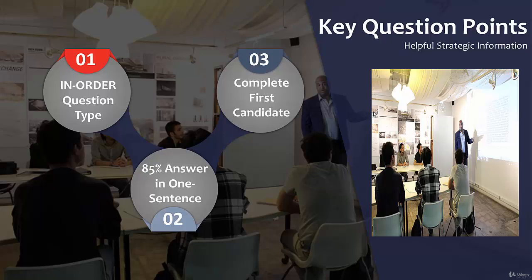Also, around 80 or 85% of this question is going to be a single sentence to a single sentence match. However, one thing they've been doing lately on the exam is using two sentences from the passage to create a question.